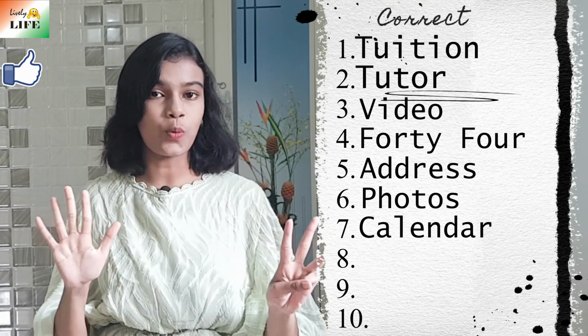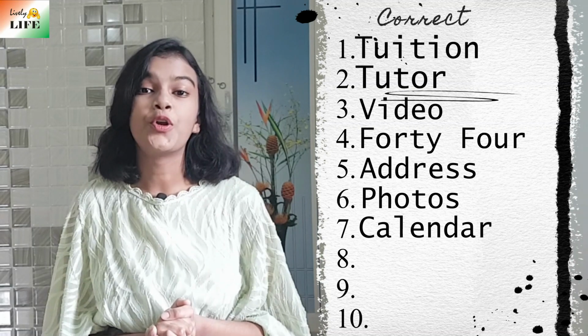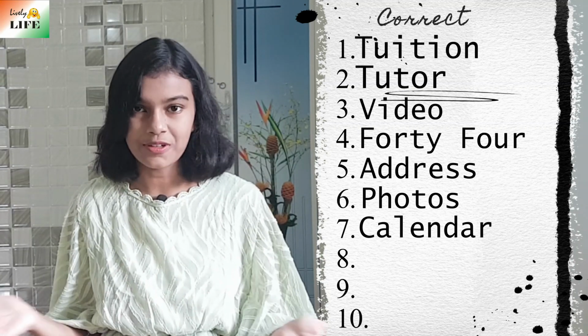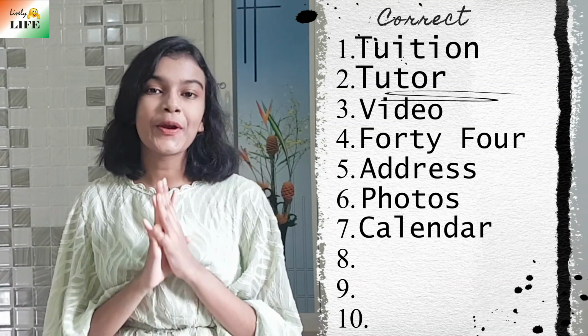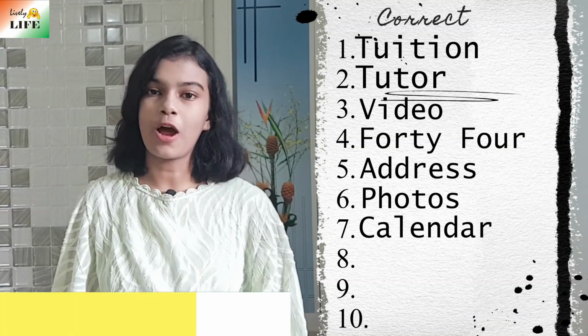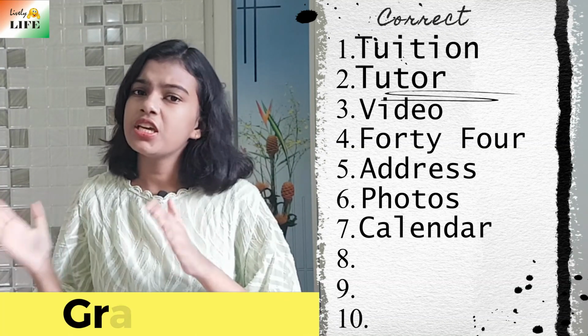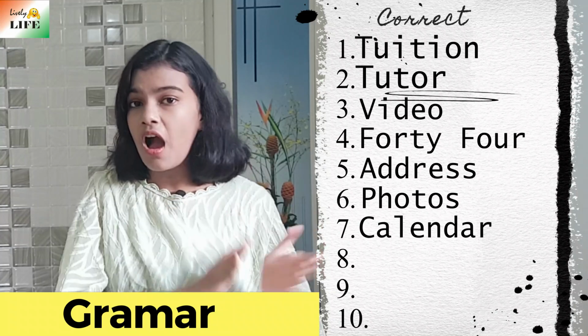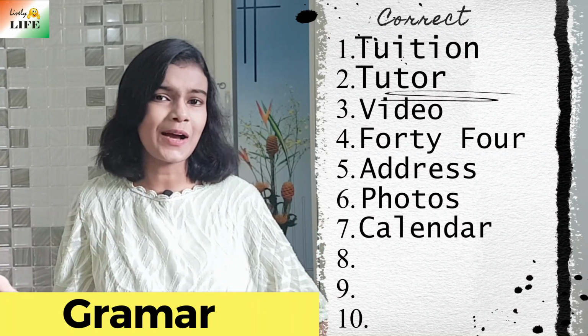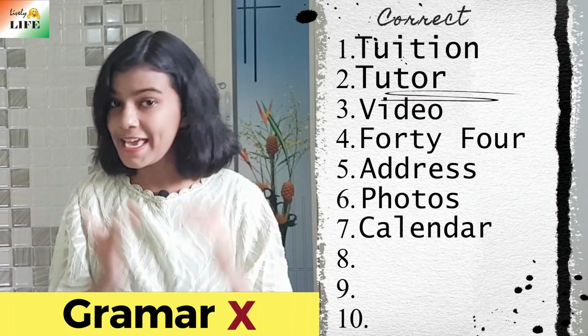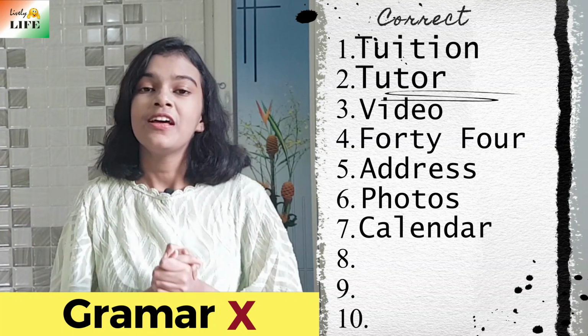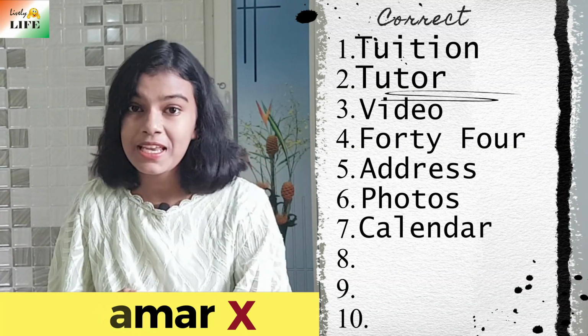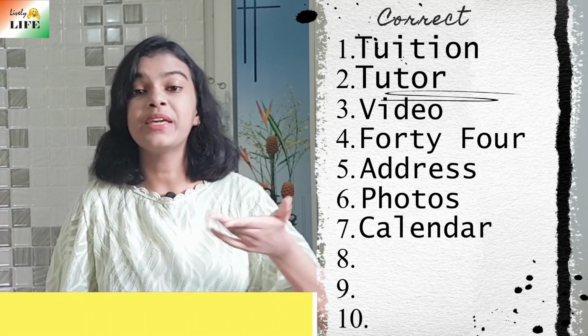Now the 8th one, that is grammar. English grammar. So what is the correct spelling of grammar? Well, is it G-R-A-M-A-R? It sounds almost correct, but it is wrong. And sometimes many might misspell it as G-R-A-M-E-R.